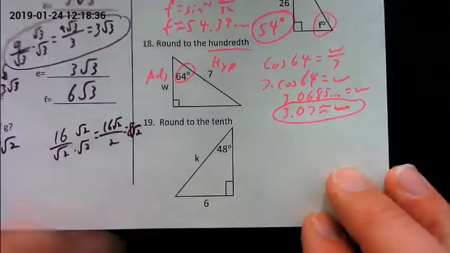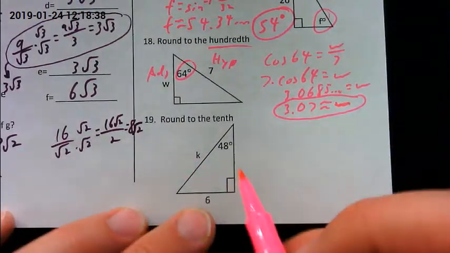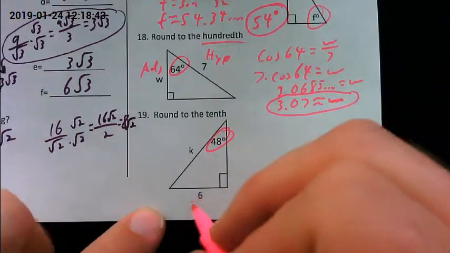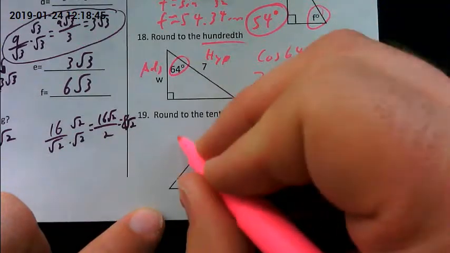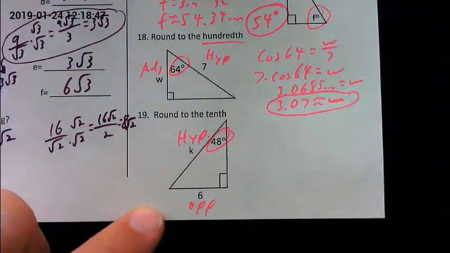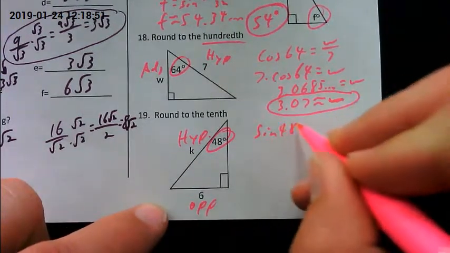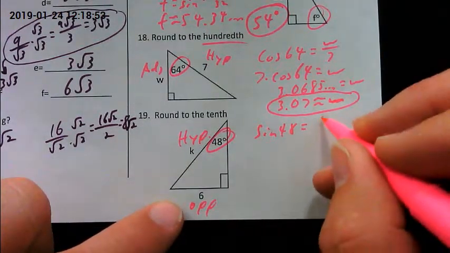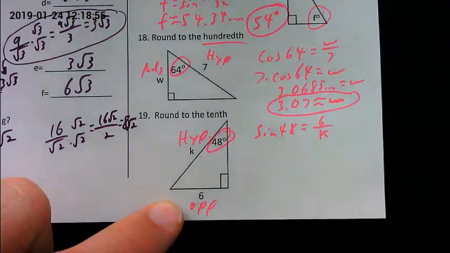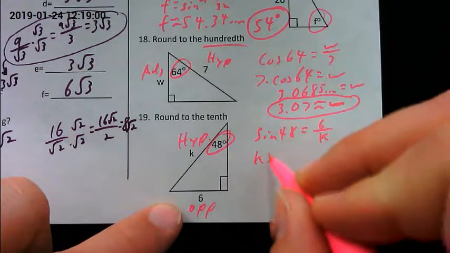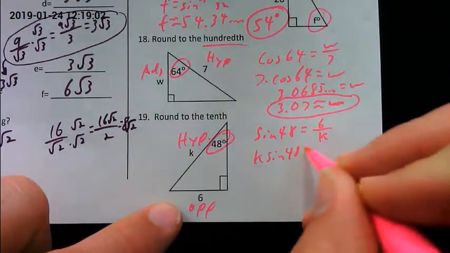All right. Last one. On 19, round to nearest tenth. Again, using that angle, this is opposite. This is hypotenuse. So I'm going to do sine. Sine of 48 equals 6 over k. I got k out of the denominator, but it's not by itself this time after multiplying.